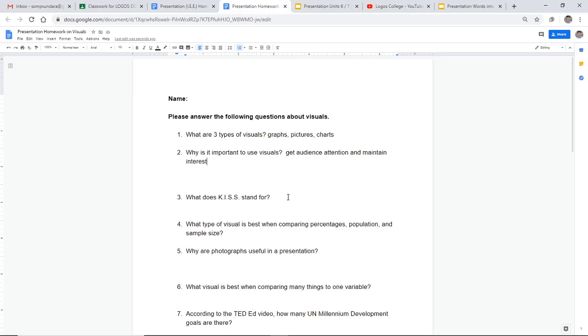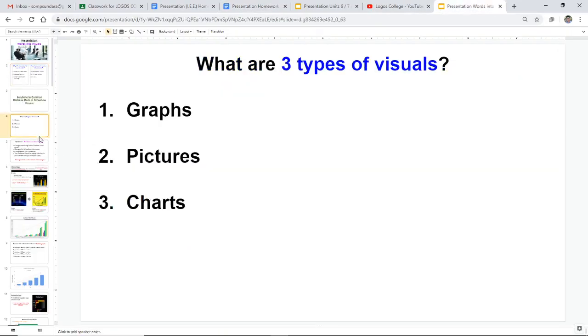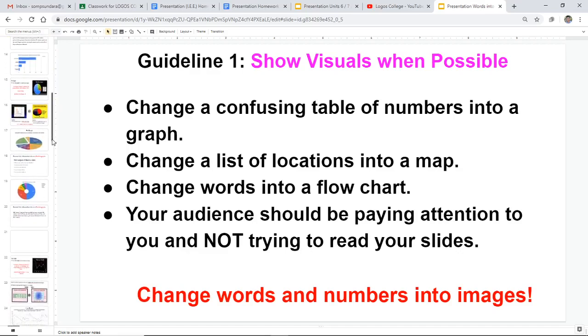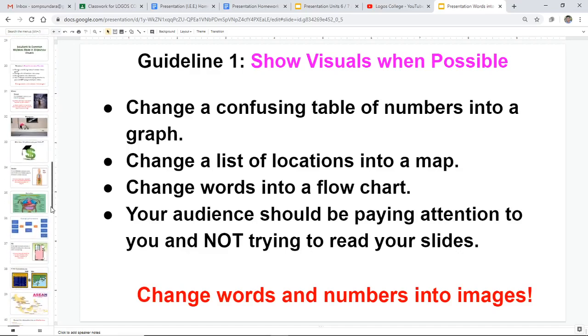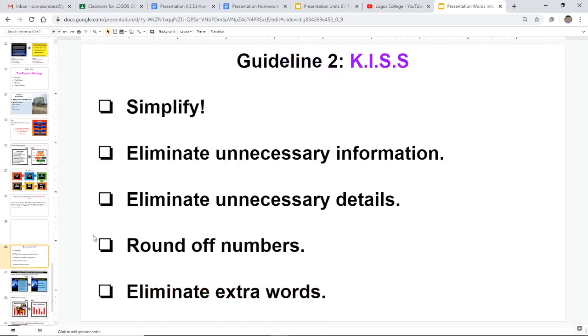Right. Number 3, what does KISS stand for? Right. So KISS was one of our guidelines when creating visuals, and KISS stands for keep it short and simple. You want to simplify. You want to eliminate unnecessary information. You want to eliminate unnecessary details.